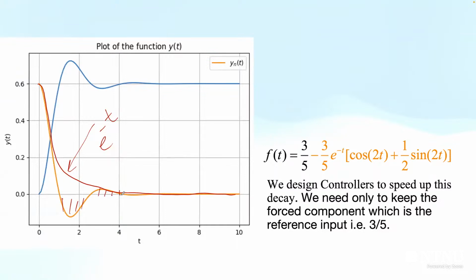And of course, this is the response of your system. It is the total response. I mean, the blue one is the total response. The total response consists of the natural component, which will disappear at t equals 6, correct? So you can say that settling time equals 6. And after that, we will have only steady state, which is equal to 0.6.